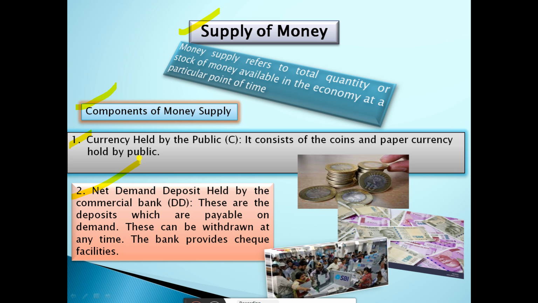The bank provides cheque facilities also, because people deposit their money in the bank, and whenever they need, they can withdraw that money at any time, and they can also transact by the use of cheques. So these are the currency coins, these are the currency notes. In this way we can find out the total money supply.